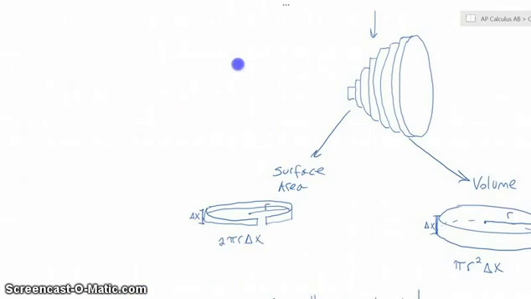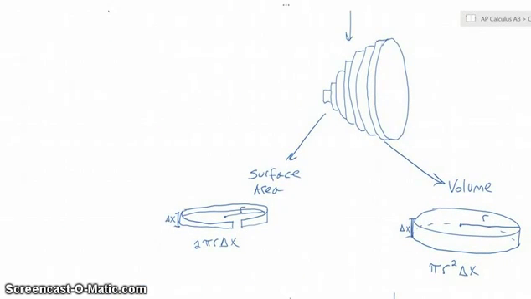We could estimate the surface area by taking just the surface area of each of the disks. And we could think of that as just being a ribbon that's wound up into a circular shape.